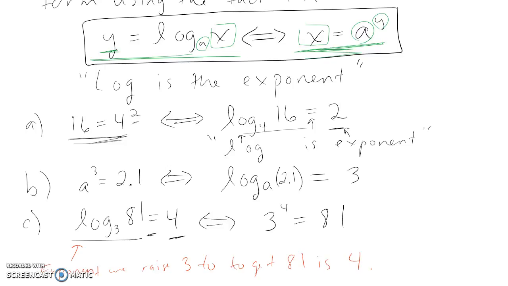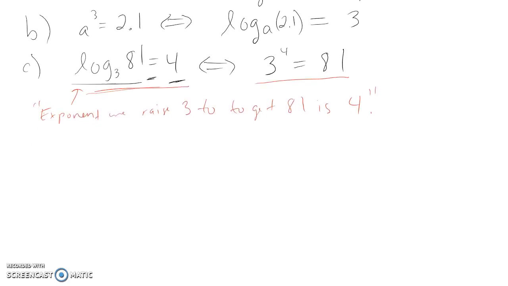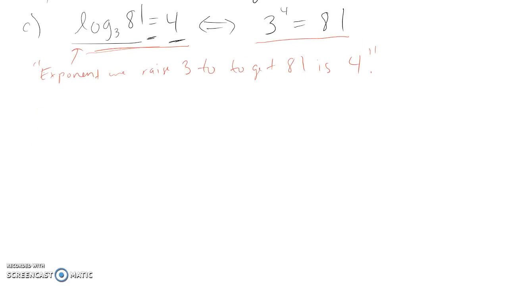In fact, you can translate this phrase of log base 3 of 81 equals 4 to this sentence. The exponent we raise 3 to get 81 is 4. And notice that the exponential equation reads the exact same way. All right. Let's do 2 more.